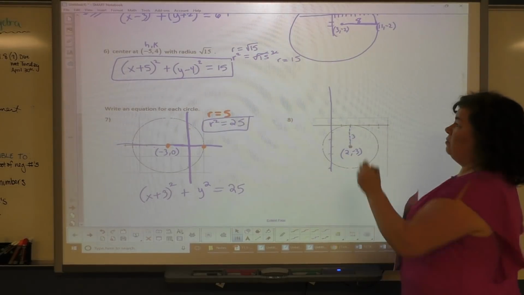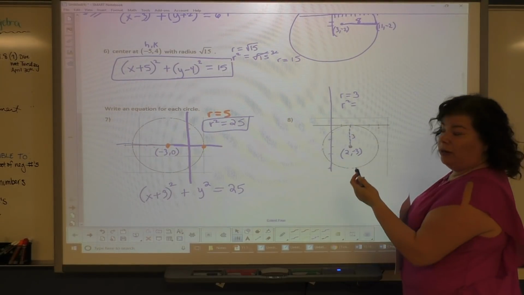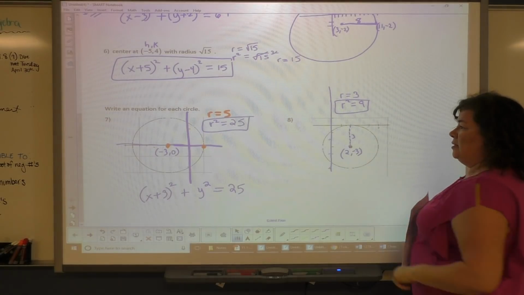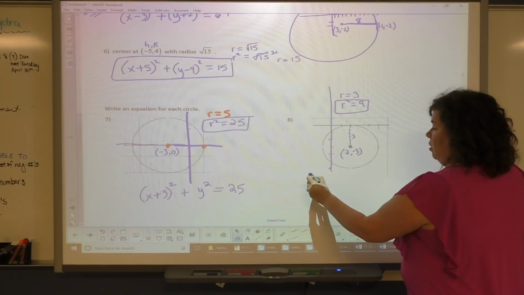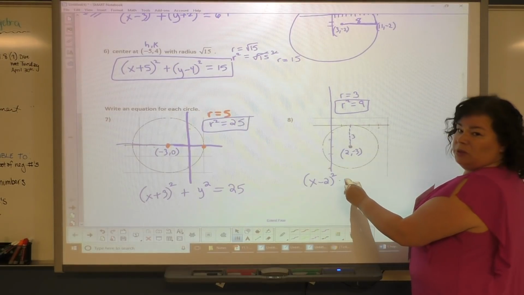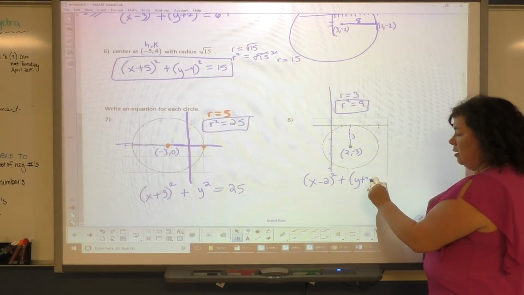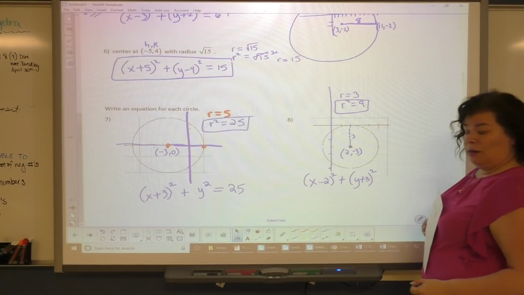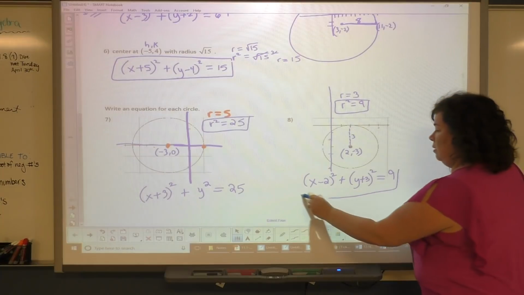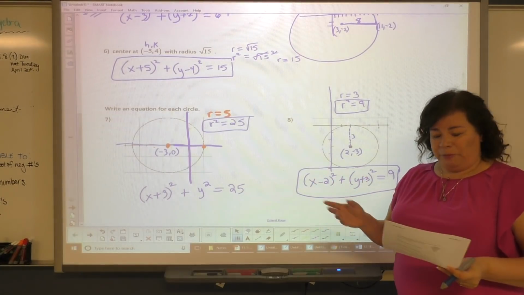So our radius is 3, which means radius squared is 3 squared, which is 9. We're going to use that center and write an equation. So we have (x − 2) squared plus (y + 3) squared, always take the opposite sign, equals radius squared of 9. And that's it for problem number 8.